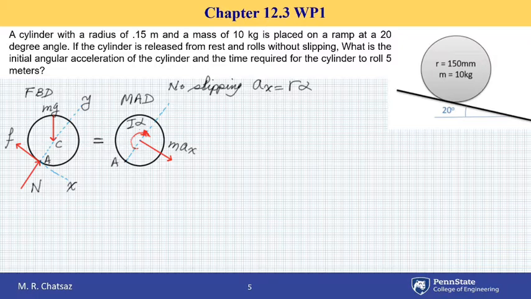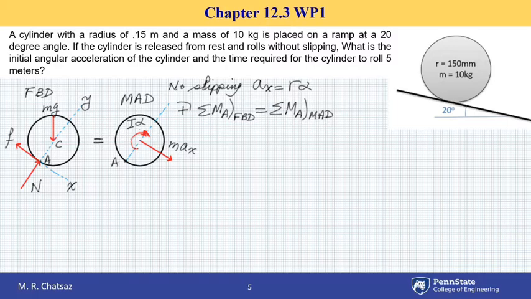Let point of contact of the cylinder with the incline be represented as point A shown on this diagram. Then if I take moment of everything on the free body diagram with respect to point A, that has to be equal to the net moment of all vectors about the same point on mass acceleration diagram.